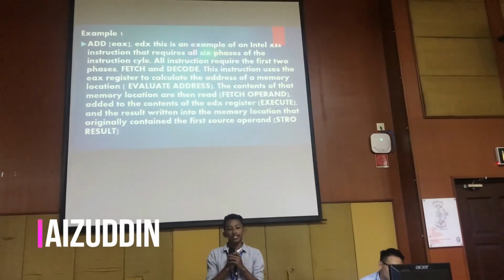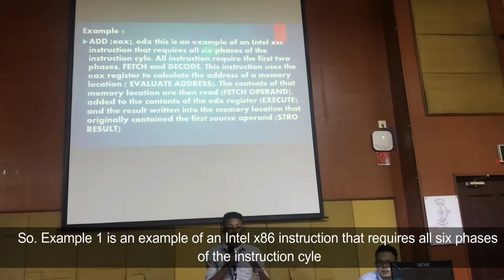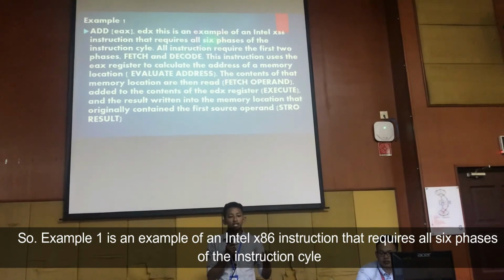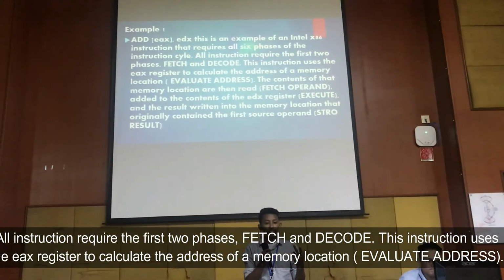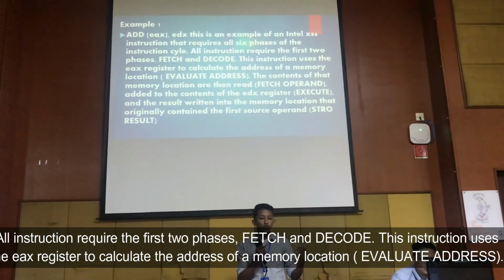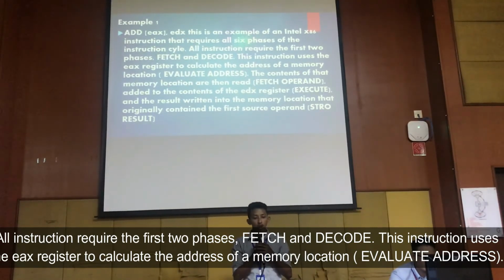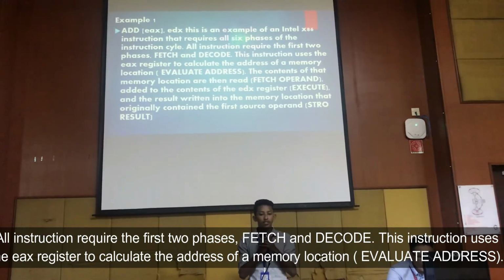So example 1 is an example of an Intel x86 instruction that requires all phases of an instruction cycle. All instructions require the first two phases, fetch and decode. This instruction uses the EAX register to calculate the address of a memory location, evaluate address.